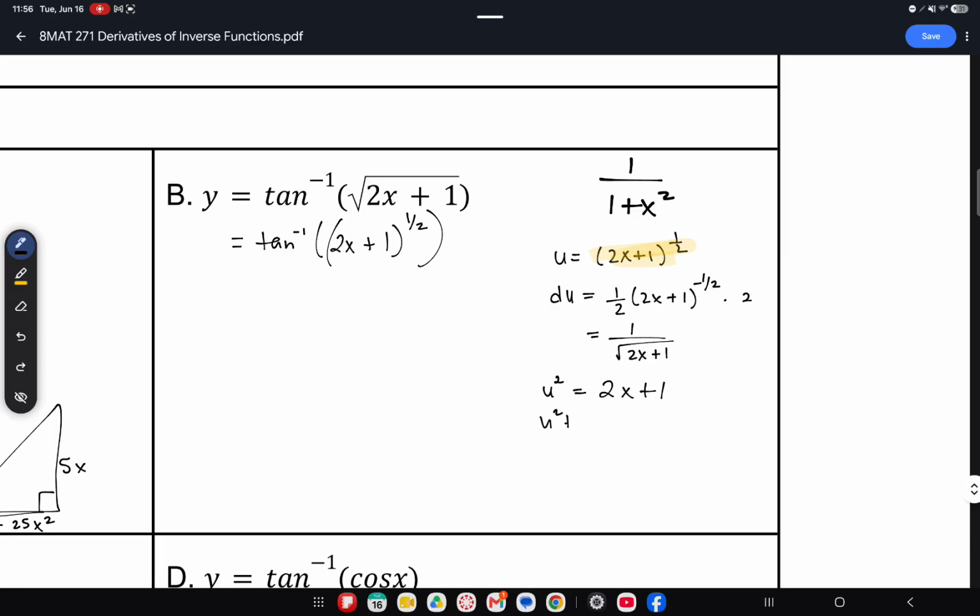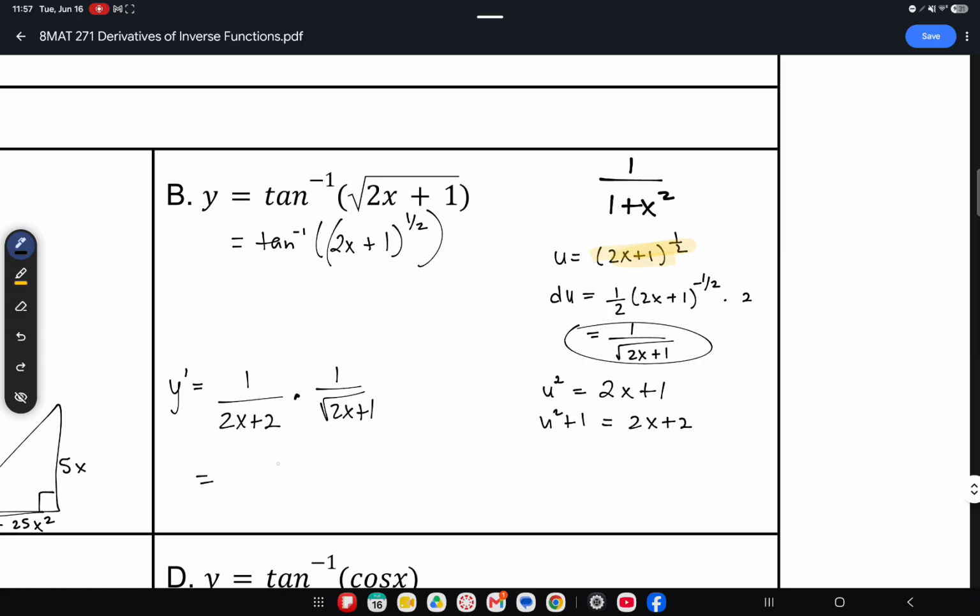So then my u squared plus 1 is really 2x plus 2. So if I try and plug it all together, my derivative is 1 over that 2x plus 2, but then times my derivative of u.